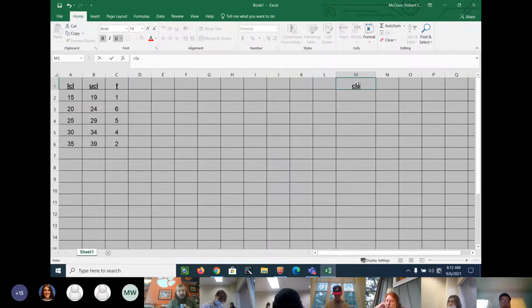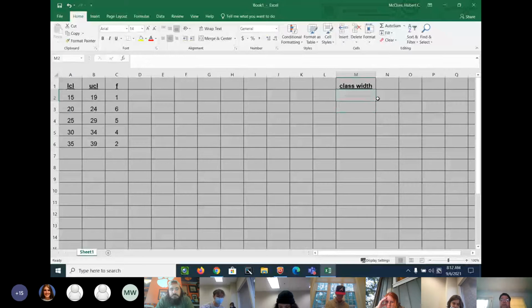Class width. Class boundaries. What's wrong with this thing? I think my computer's got something.